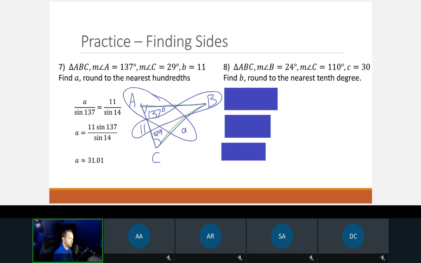You're going to do that by doing 180 minus 137 minus 29, and that gives us 14 degrees. And then from there, you just plug everything in. A over sine 137 is equal to 11 over sine 14. And then just plug and chug, kind of.